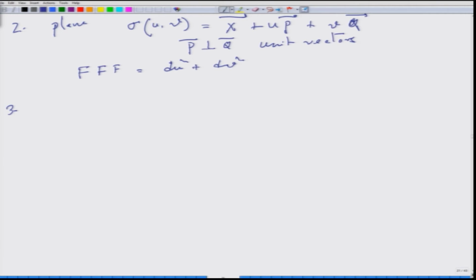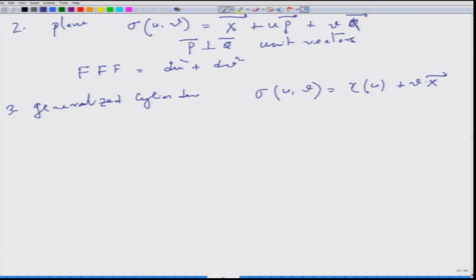Okay. Let us take the generalized cylinder, or the cylinder itself: sigma is gamma of u plus v x. Let us take x to be a unit vector, and gamma is unit speed, that is, gamma dot of u square equal to 1.